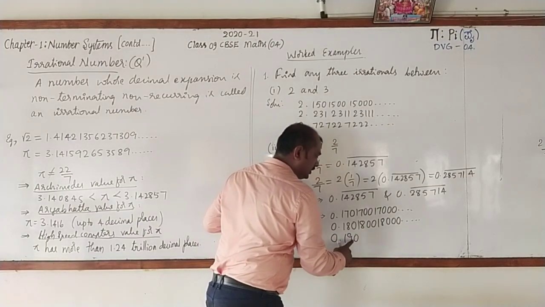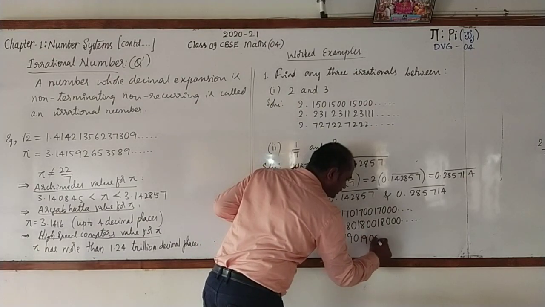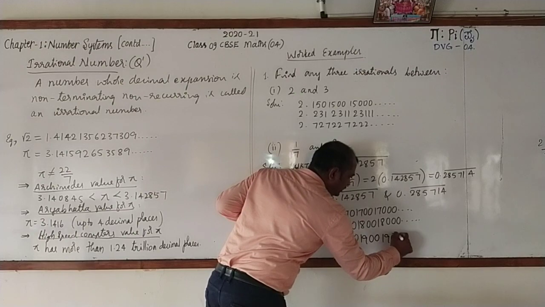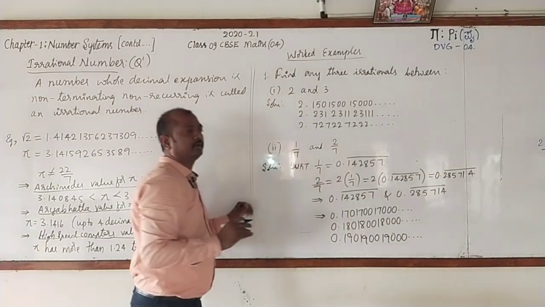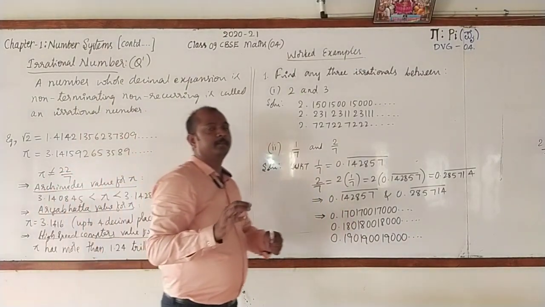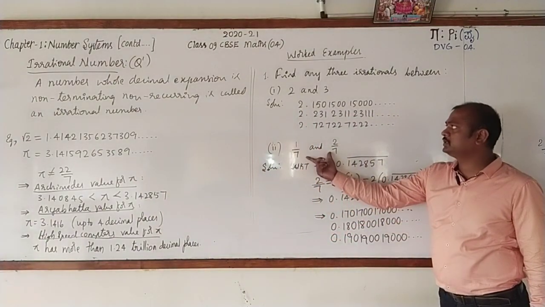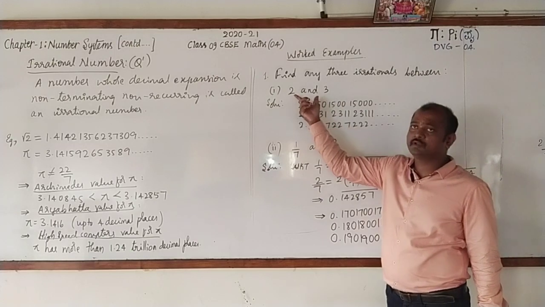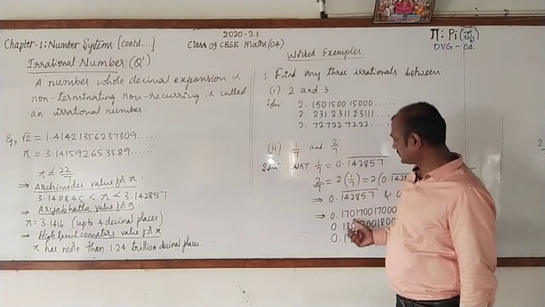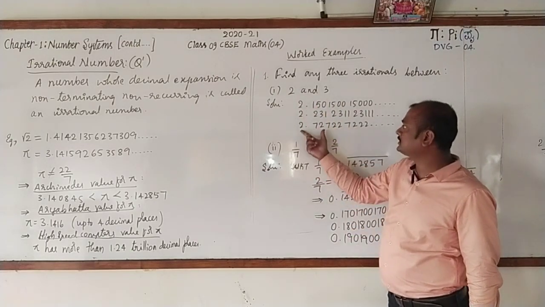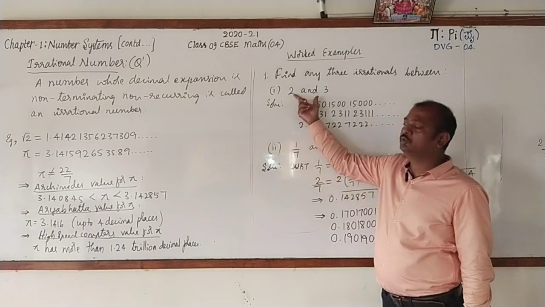Here 19 I have taken, 190, 1900 and so on. Clear? So these are the three irrationals between these two, and these three are irrationals between 2 and 3.